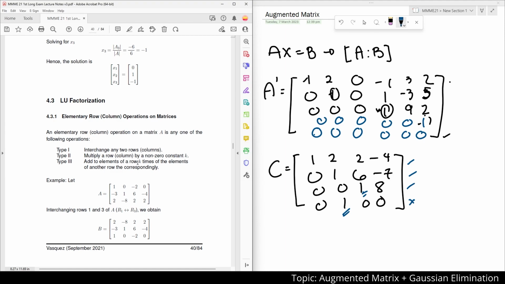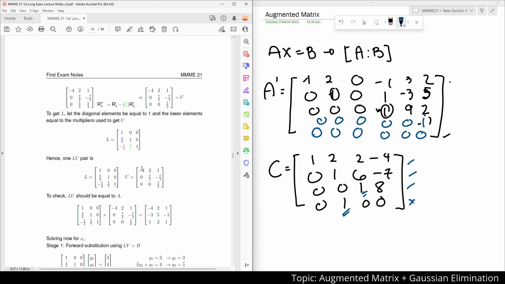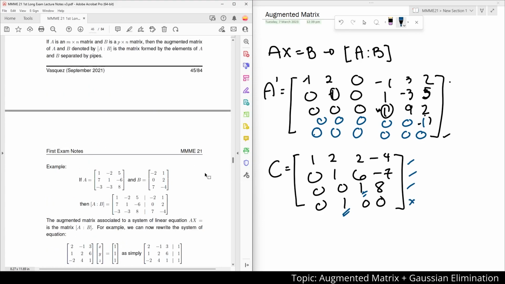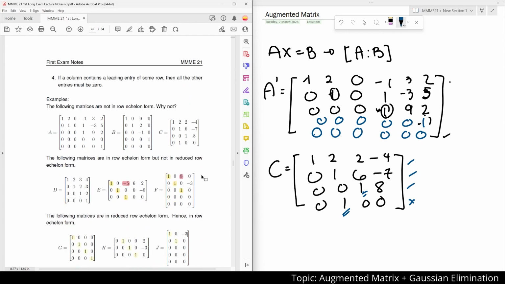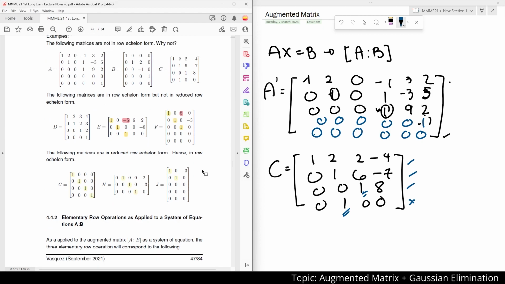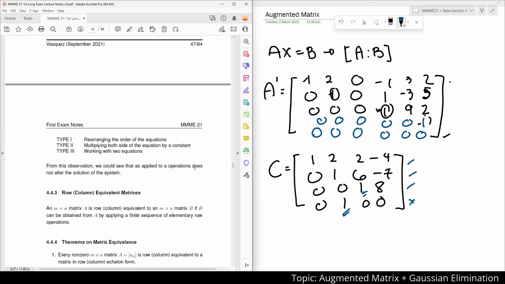Elements to a row of k times of the elements of another row correspondingly, yung types 1, 2, and 3 operations natin, para matransform natin yung ating original matrix into something that is much simpler. Or yung augmented matrix natin na AB para ma-transform natin ultimately into the row echelon form.